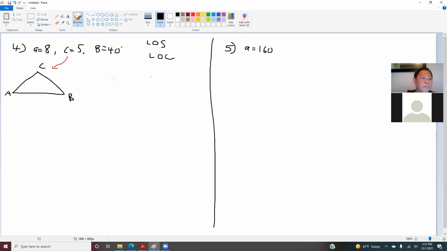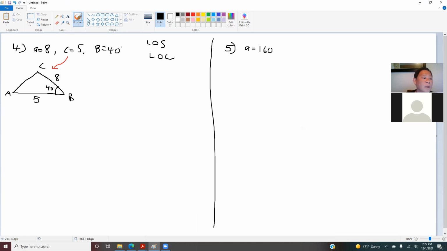Lowercase c will be on the bottom. So c on the bottom, so this will be 5. And how about 8? Little a would be on the right. So on the right side, this is 8. And this is 40 degrees.